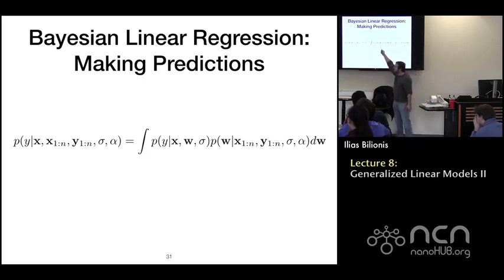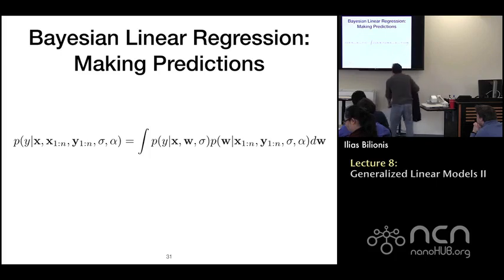So that's one way to see it. Here's my measurement process, which is conditional on the parameters, and that's the best thing I can say about the parameters, but let's integrate them over because I don't really know them. Okay? So that's one way to think about it.